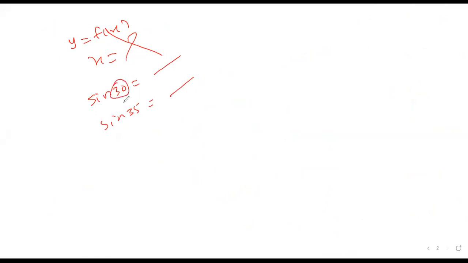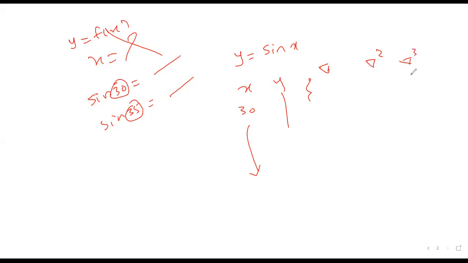So we know y should be sine x. So whatever the x value you put, like 30, 35, then y is equal to this one. Then you take delta, delta square, delta cube. So they say under the delta cube, you will have the constant value. It means same values. Okay, you can check.